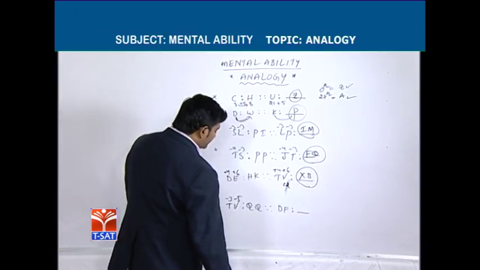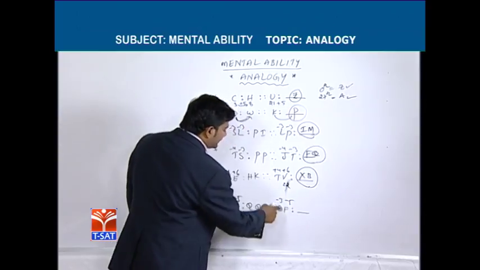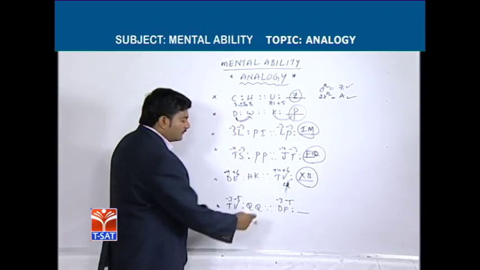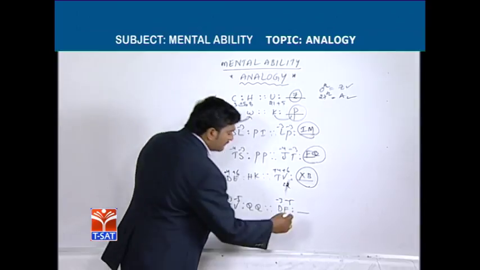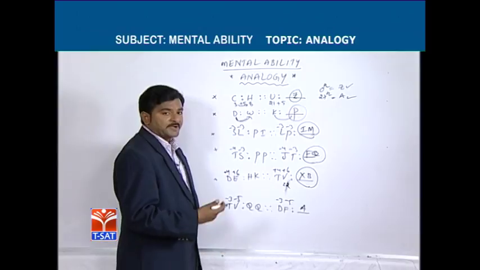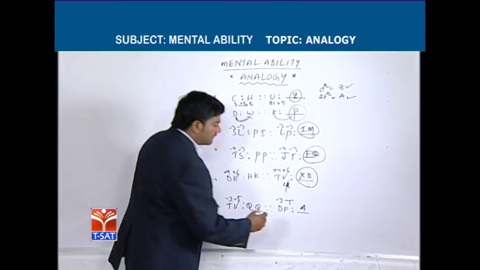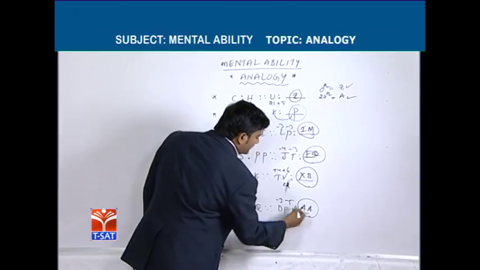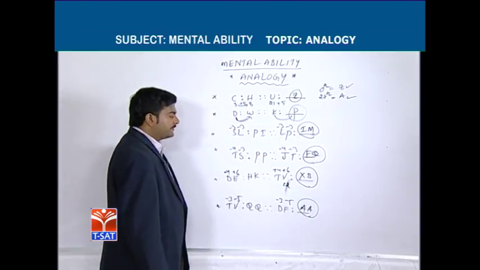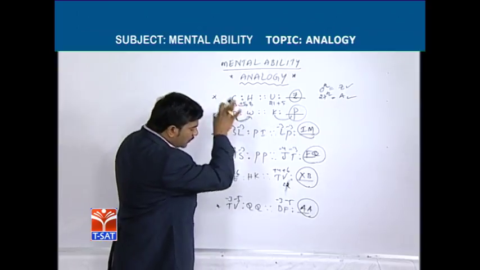Apply the same concept here. D means 4, 4 minus 3 is 1, which is A. F means 6, 6 minus 5 is 1, again A. I hope you understood this concept. 90% of the questions can be solved using only this concept.